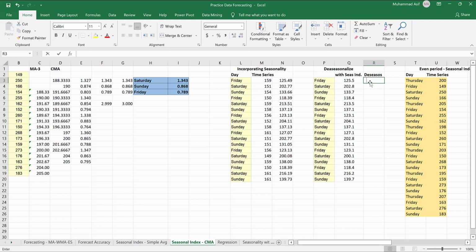So for example, 125 is divided by the seasonal index for Friday, this one, for Saturday divided by the seasonal index of Saturday, on Sunday the seasonal index for Sunday, and now we get deseasonalized sales, which means the ones from which the seasonality element has been taken away.